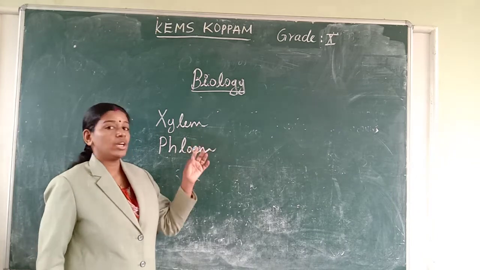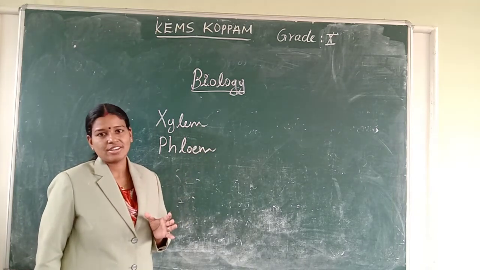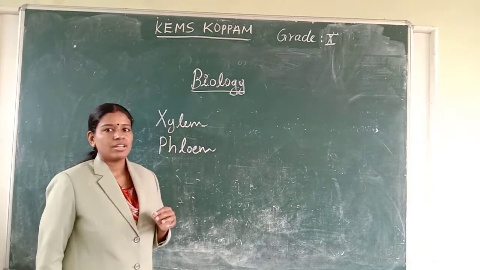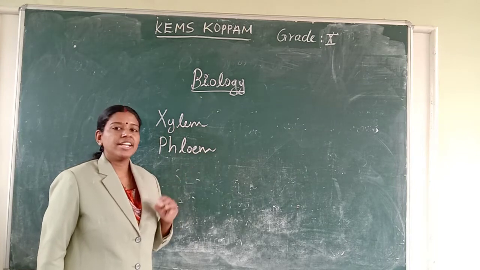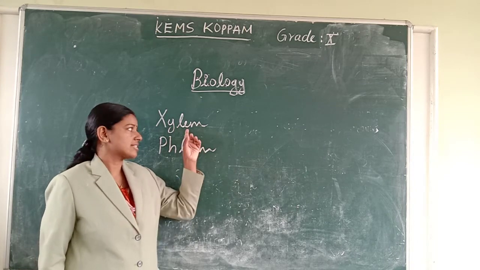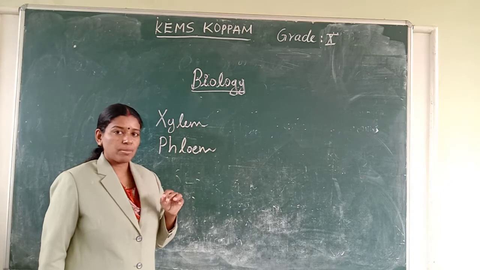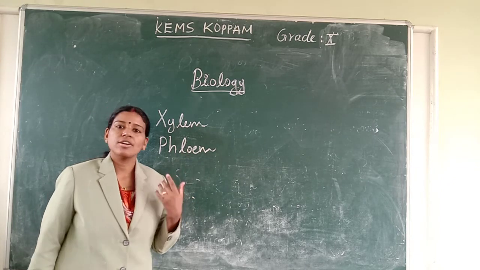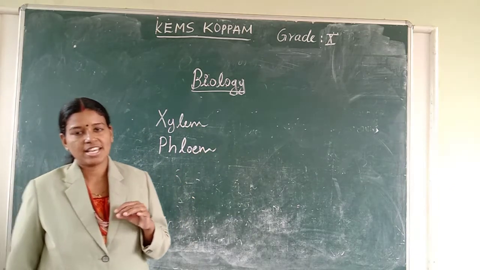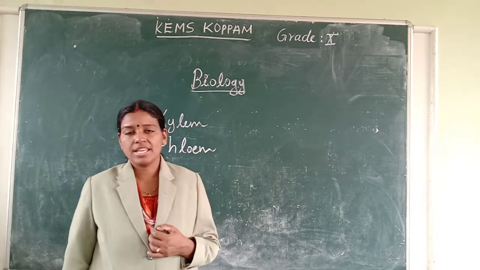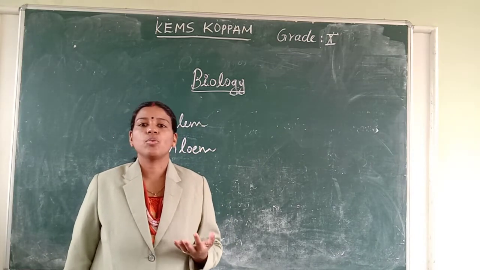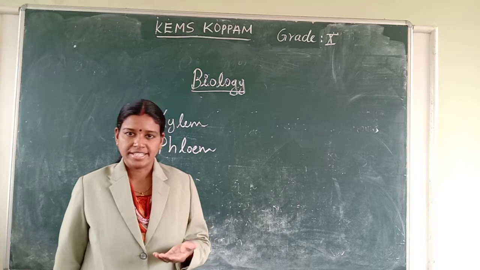These are the two conducting tissues, right? What do they conduct? Xylem conducts water and dissolved minerals. Phloem conducts or transports food materials. So how is this happening in the plant body? That we are going to discuss in detail.